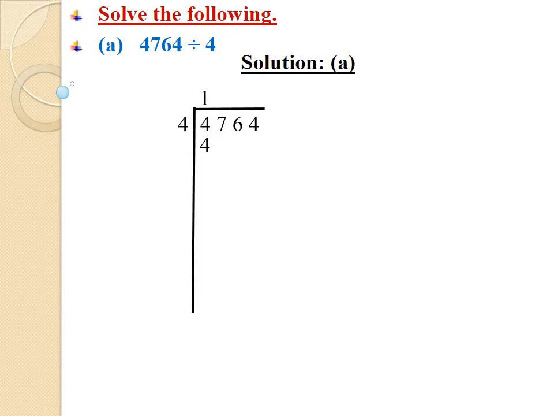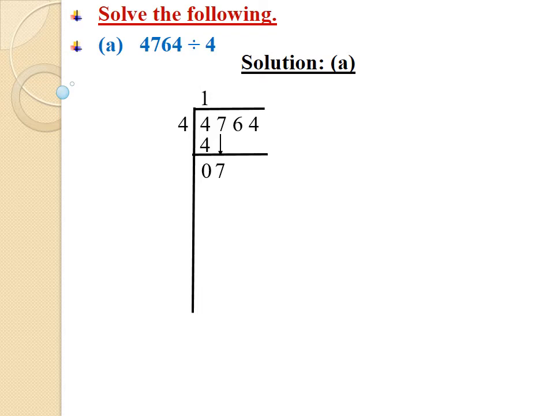Thus, subtracting 4 from 4, we get 0. Students, we know that 0 is not divisible by 4. So we have to bring down 7 and we have to write 7 after 0, that is in hundreds place. Thus writing 7 after 0, the number becomes 7.